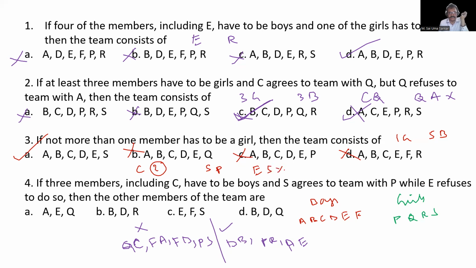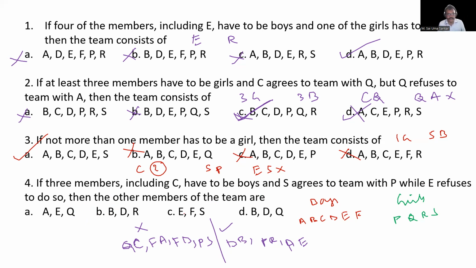E and S cannot go with each other. Then the other members are 3 members, with C compulsory. If 3 are boys, are the remaining 3 girls or not? Already C is there.